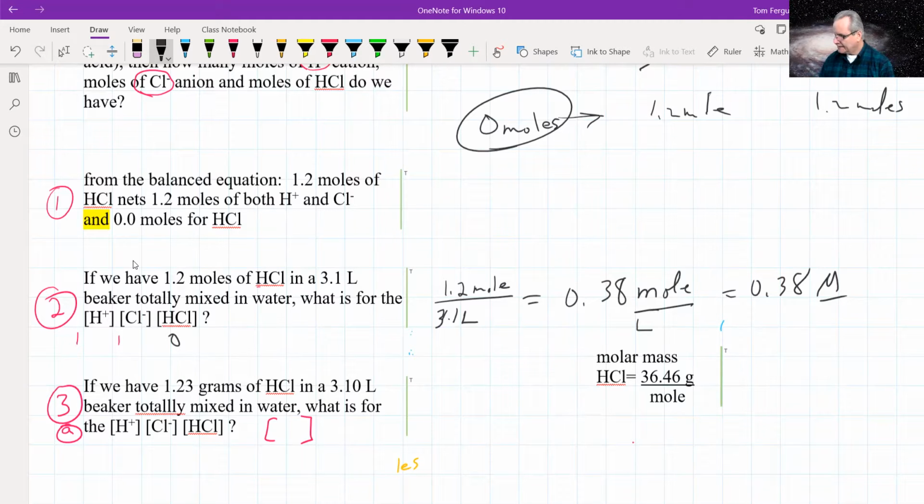Now, that is the H plus concentration and the Cl minus concentration. We go one step further.